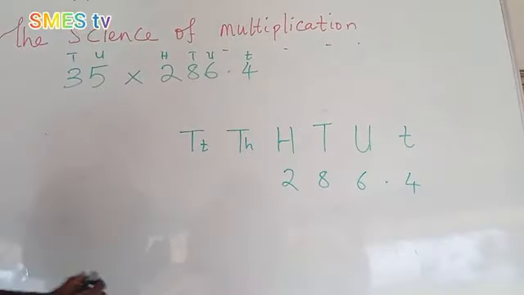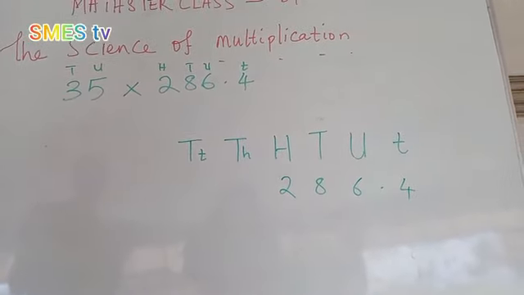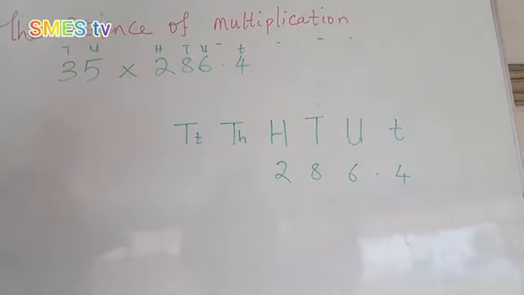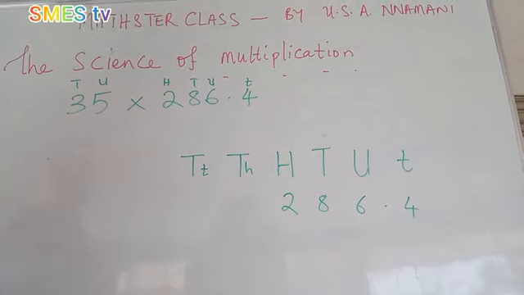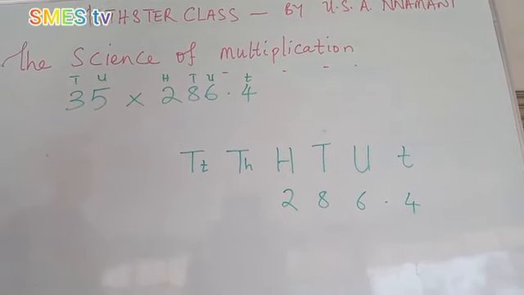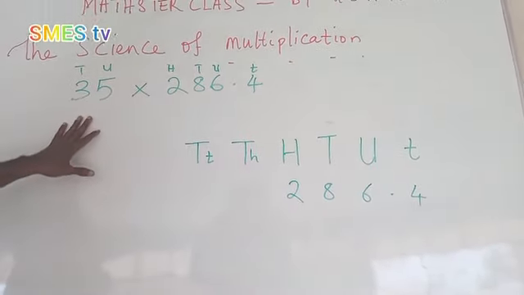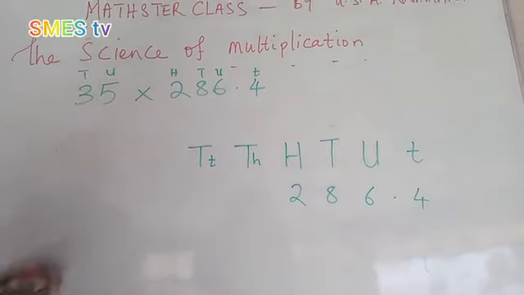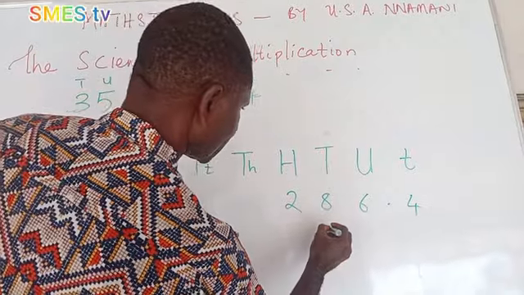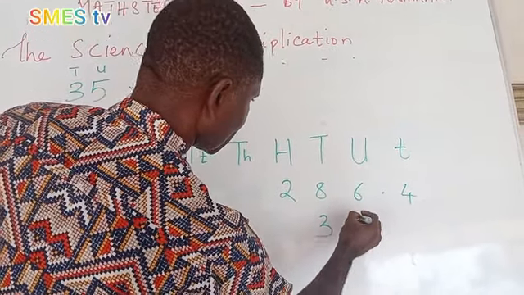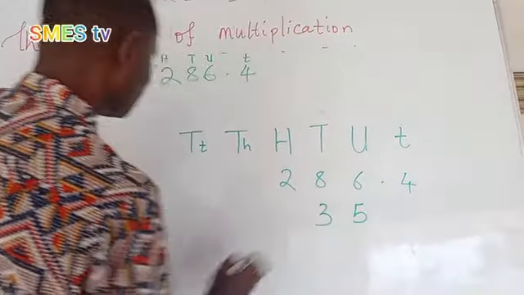Your decimal point comes in between the unit and the tenth place value. Having entered the digits of the multiplicand, we now enter the digits of the multiplier. 35. So 3 tens and 5 units.